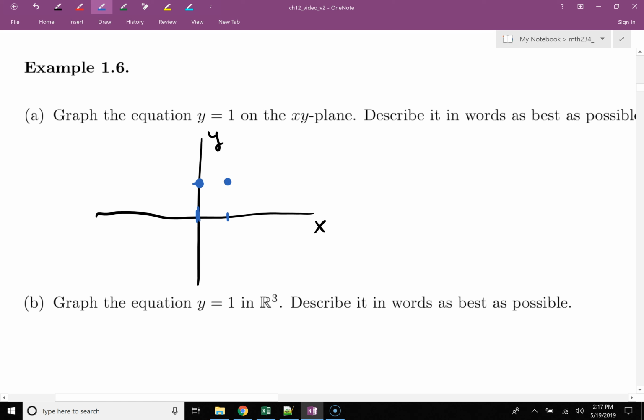So no matter what x value you feed to this thing, whether it be 2 or 3 or 4 or negative anything, right, all of them output y equals 1. And when you combine all of these points, right, because it's not just at the integers, you could also do x equals a half or x equals a third or anything like this, right? But when you combine all of these points that satisfy this equation, you get this nice horizontal line right here.